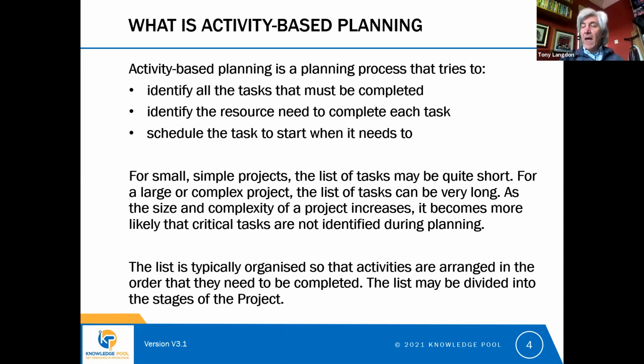So we're going to look at a method to try to avoid missing these critical tasks, because if we miss anything, then the project may fail. So we need to try to make sure that we don't miss anything when we're trying to identify the tasks that need to be completed.